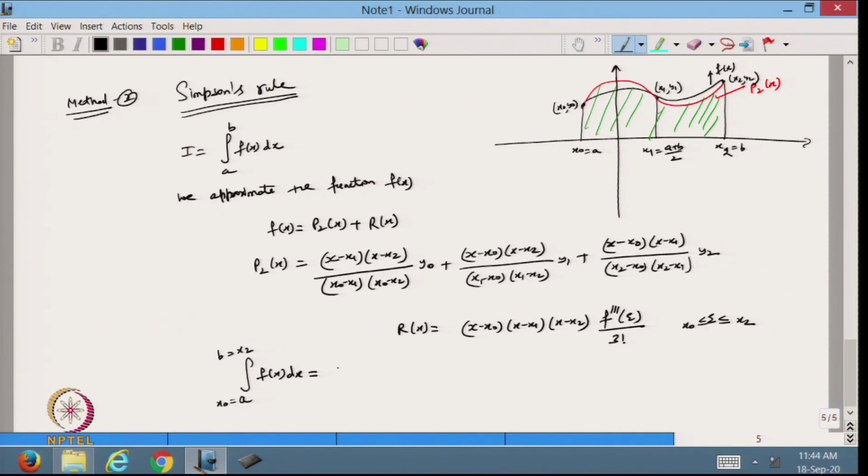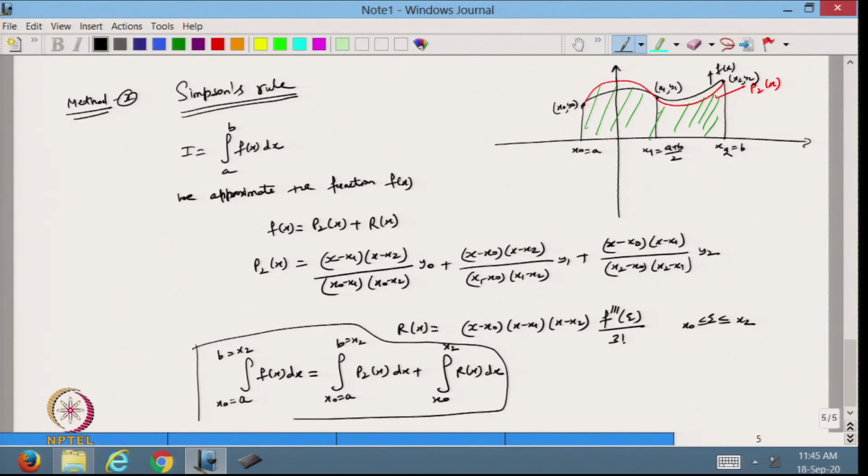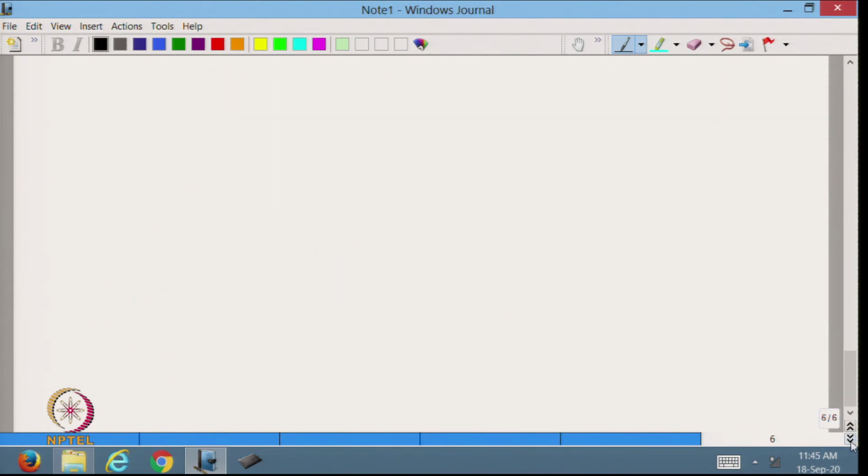So, this can be written as the integral from a to b, that is x0 to x2, of p2(x) dx plus the integral from x0 to x2 of R(x) dx. So, this integration we have to find out. Now, the question is how we can integrate this one.